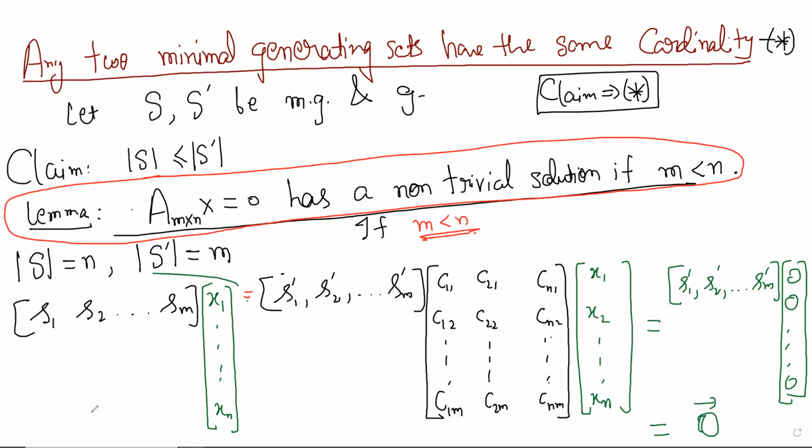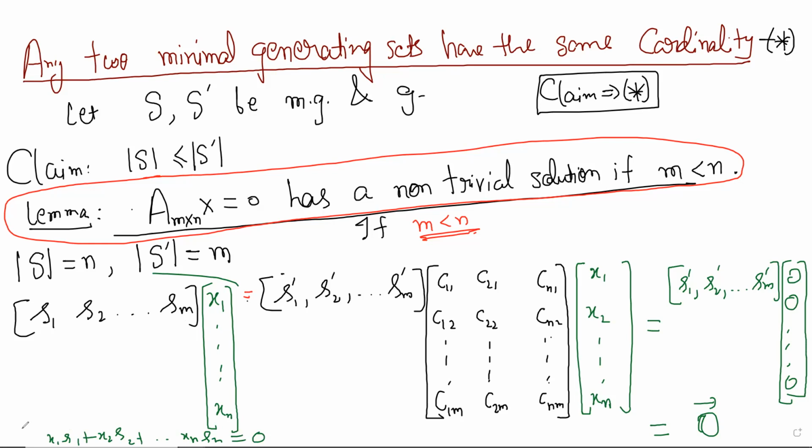Now what is this? This is x1 times S1, x2 times S2, and xn times Sn. This is a 0 vector, and all the xi's are not 0. At least one of them is non-zero. That's what a non-trivial solution is. So you see that some linear combination is equal to 0.